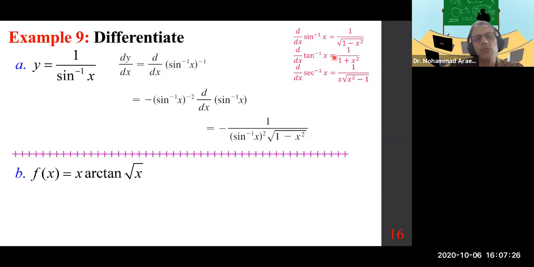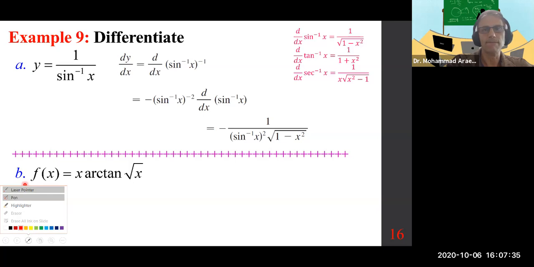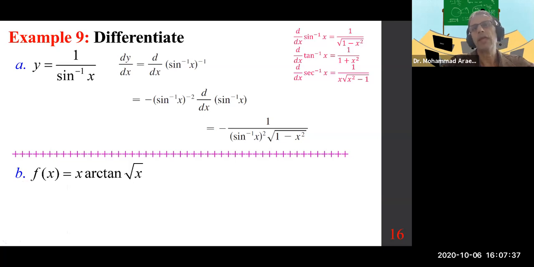If you use the formula, remember, it's 1 over 1 plus x squared. But if it happened to be u, let me write that for you. If you have sine inverse of u, then you have du over square root of 1 minus u squared.